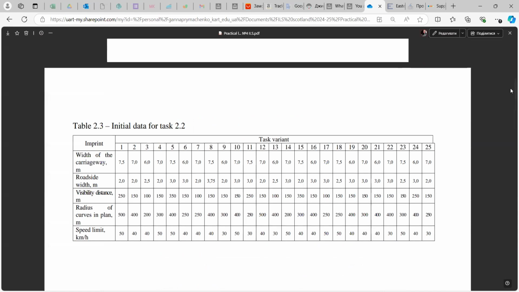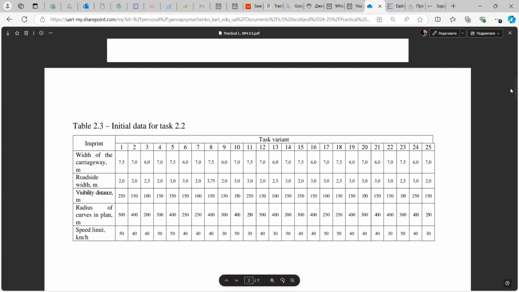Oh, yes, it is okay. So in our table 2.3, we need to find the second line. It is, no, the third line in our table, but the second in meaning. Roadside width. For example, if you have the first variant, it is 2 meters. If you have the second variant, it is also 2 meters. If you have the third variant, it is 2.5 meters. So remember only your information for your variant.